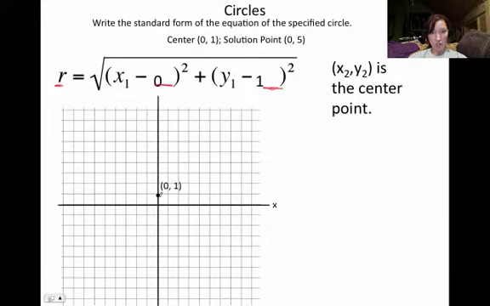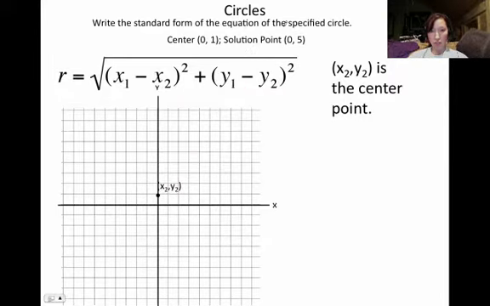So I'm going to start drawing a picture here. We also know a solution point, a point that makes this equation true, is going to be 0, 5. So this is one of our solution points, right? So we're going to go ahead and fill in, because it was specified that that other x, y value in those chunks is going to be a solution point.